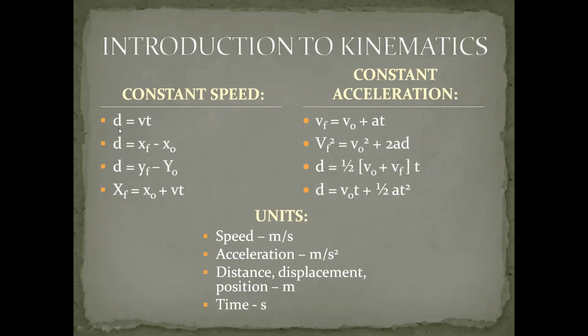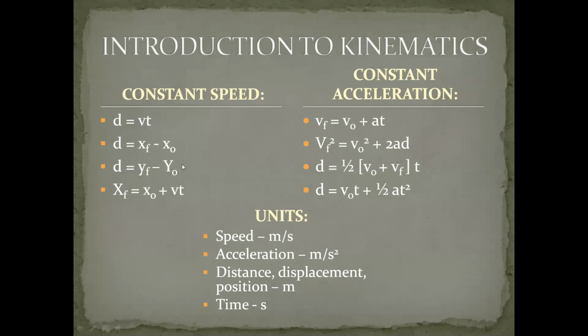Displacement can be at the x-axis or at the y-axis, so you're going to use this too. So d is equal to x final minus x initial, or d is equal to y final minus y initial.